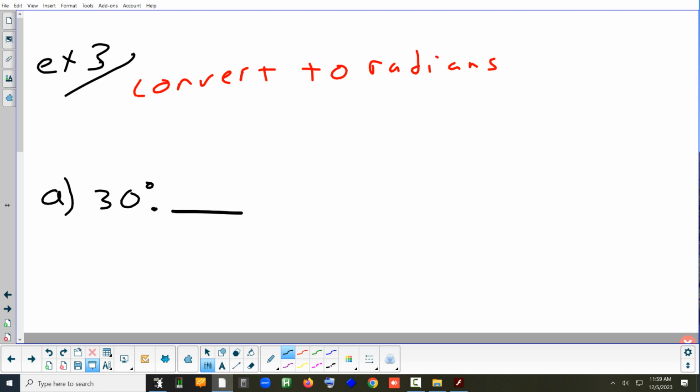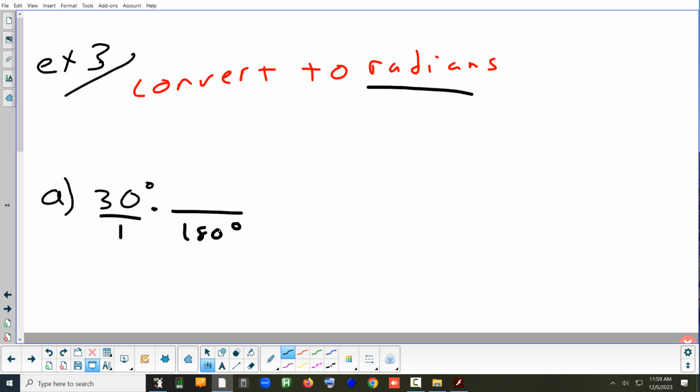Where is degrees in this fraction right now? In the top. You want it to disappear, so we end up with radians. If it's in the top here, where would you want it here to cancel out? You'd want it in the bottom. And when you think degrees, what number did I always say to think of with degrees? 180. So the 180 goes in the bottom.